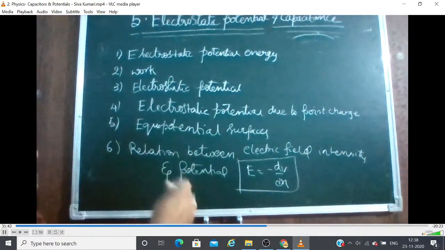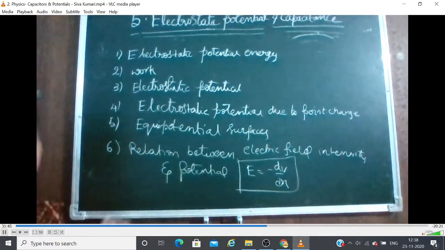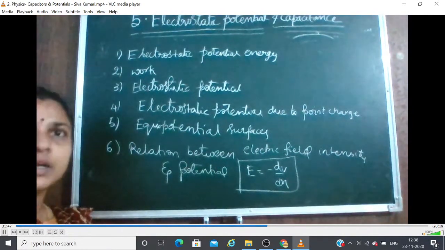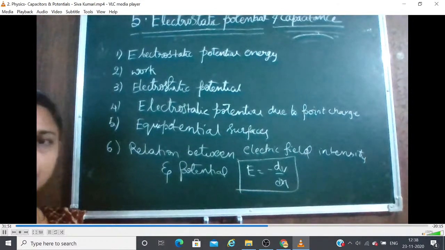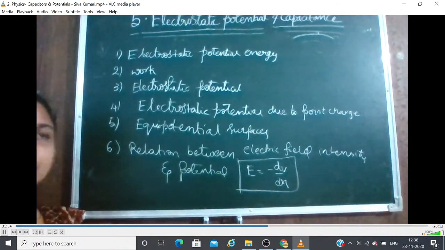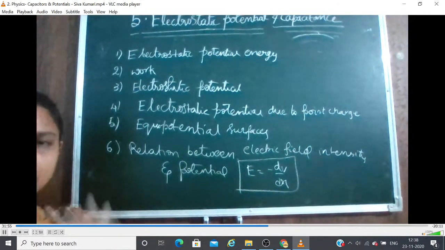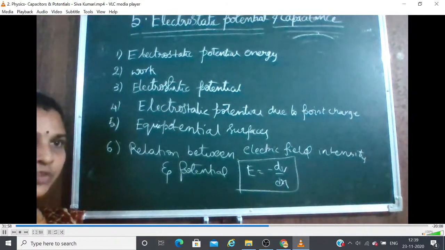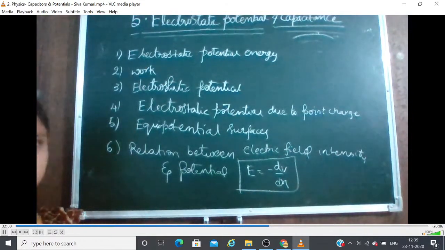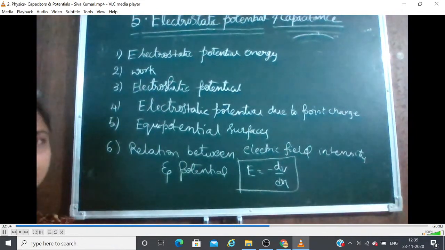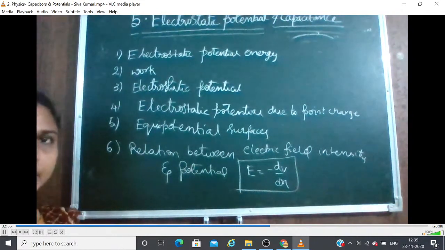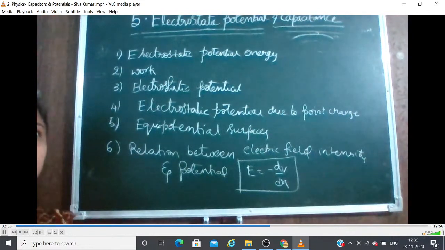In the starting, this whole chapter depends upon bringing a positive charge in an electric field, for which external work is required. Based on this, the total chapter is built. And how the positive charges reside on the surface of a conductor, and also how the dielectrics behave, all these we have in this.